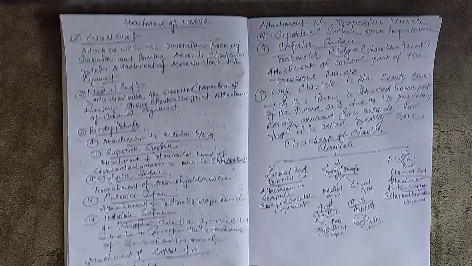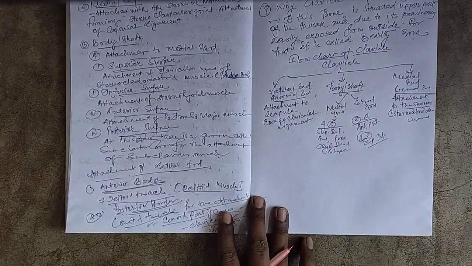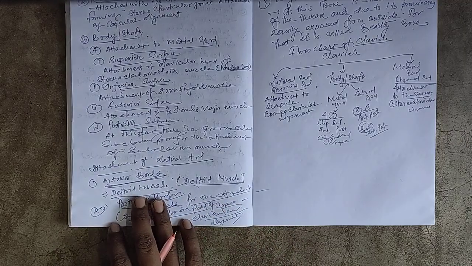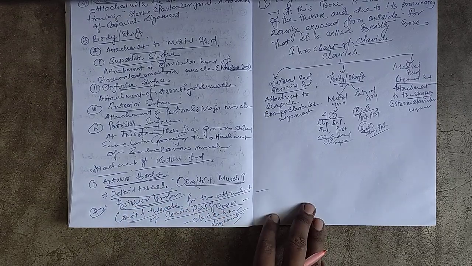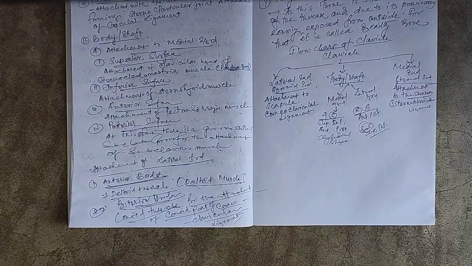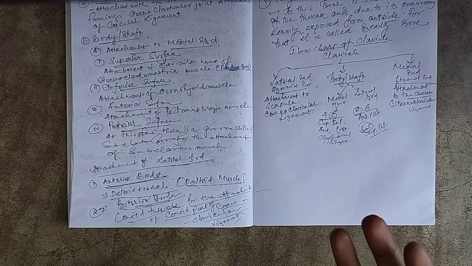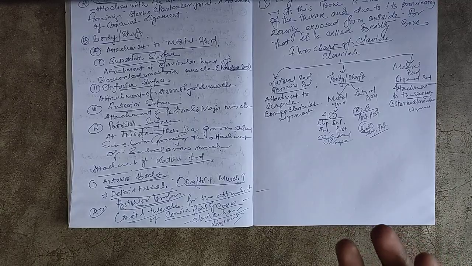Then we come to the attachment of lateral 1/3. That is the first anterior border. Here is the attachment of deltoid muscle. Then the posterior border, here the conoid tubercle, which has the attachment of the conoid part of the coracoclavicular ligament, as well as the attachment of trapezius muscle.